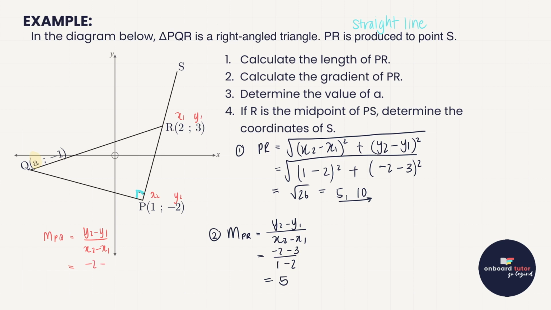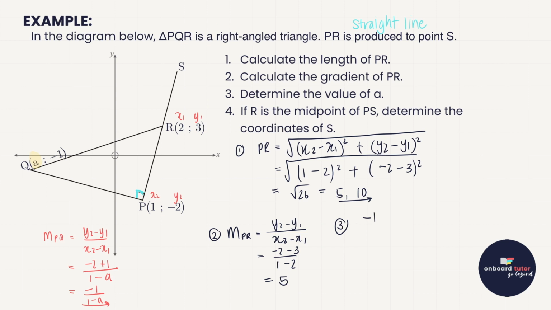Minus 2 minus minus 1 over 1 minus a. Okay, so there's my gradient. In fact, the numerator there has some like terms, so we can call that minus 1 over 1 minus a is the gradient. And so now, to answer question 3 here, what I can do is use the fact that if I multiply these two gradients, I need to get an answer of minus 1.